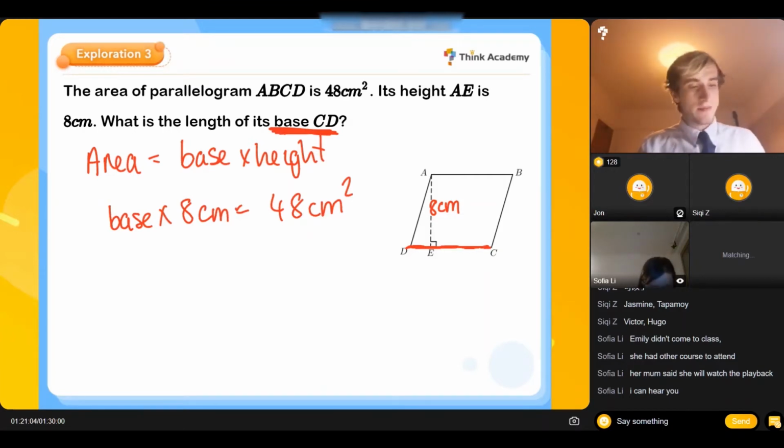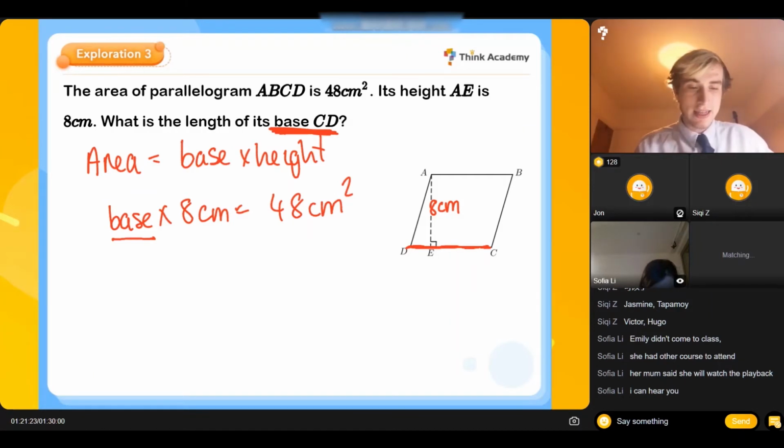Okay, so we've been doing loads of work with the area, and we know that the area is base times height. But this question, they give us the area, and we need to work out the base. So we need to work out, what do we multiply by 8 to get 48? How did I get 8?